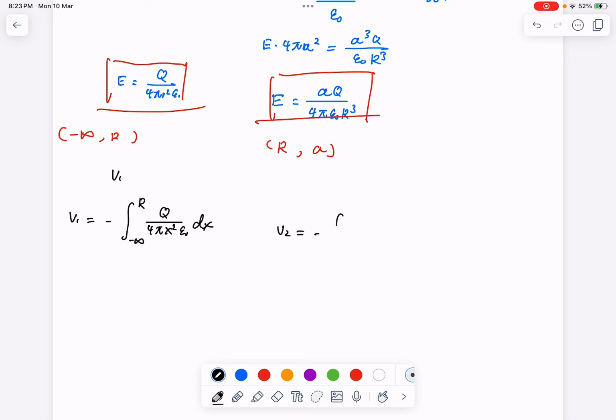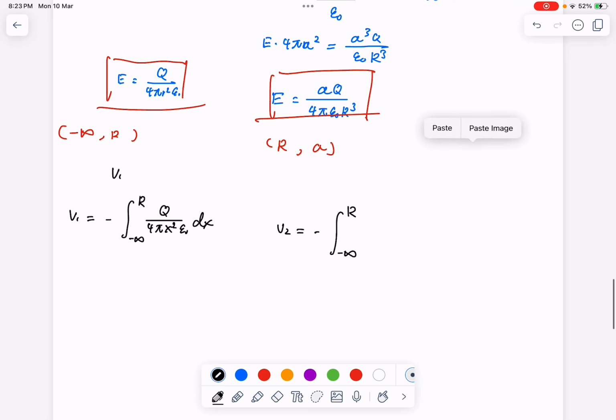And V2 equals the integral from R to A of Q over 4 pi epsilon naught R to the third times x dx, and that's going to be x squared.